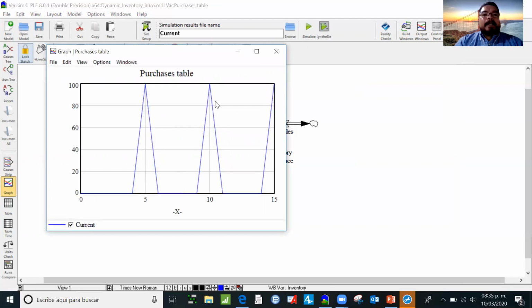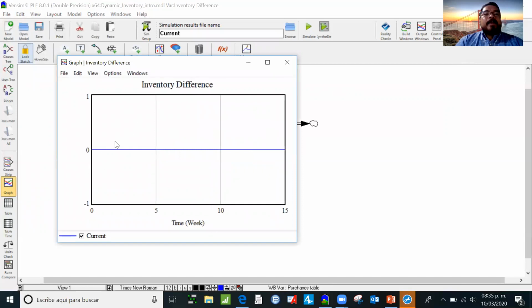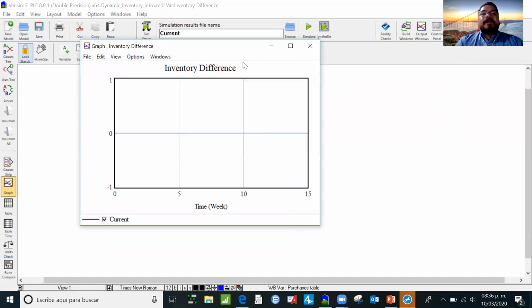And it represents exactly what we gave to the system. And this is the inventory difference. To see if there were some backup orders, we can assume that there weren't, because we already saw the inventory variable, but let's just see this graph. So the inventory difference was always zero because we always have enough inventory to make up for the sales.